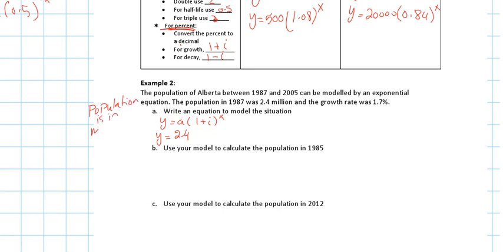I'm going to say that population is in millions, right? So when I get my answer, I have to always multiply it by a million. Okay, and then 1 plus what? 0.017. You're going to have to take your percentage and divide it by 100.